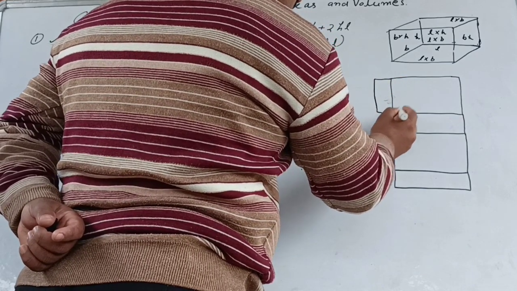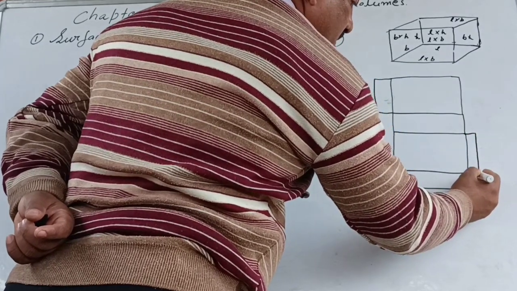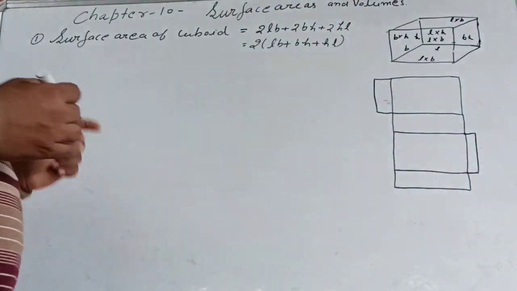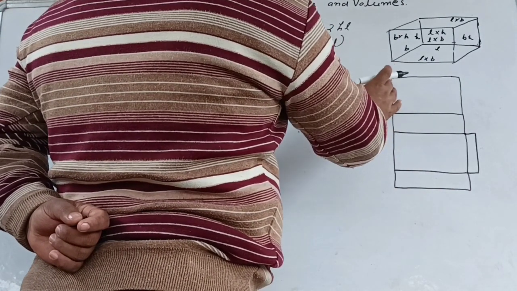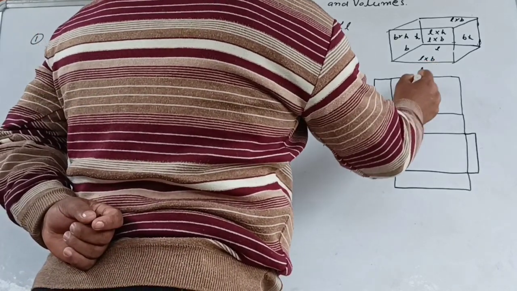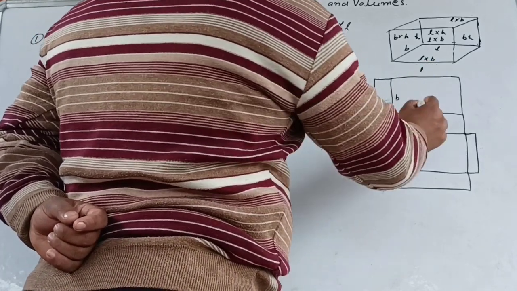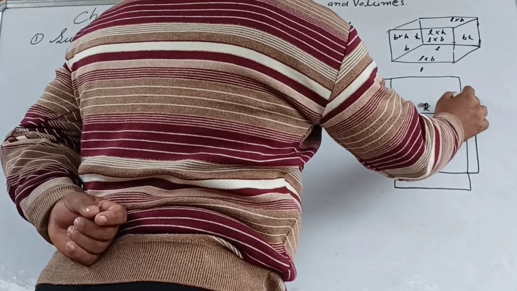This is the net figure. This is called net. We read net in class 8th. So in this, this is height and this is breadth, this is length and this is breadth. Also breadth and also length, and this is also breadth.